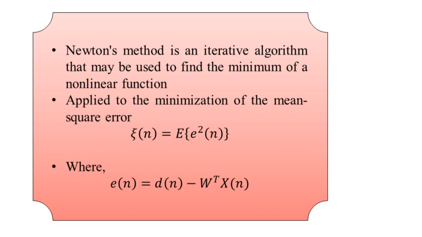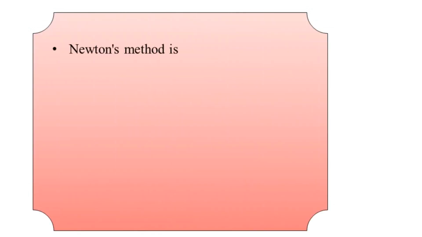The error signal is the difference of the desired signal and the output signal. The desired signal is denoted d of n, and the output signal is denoted as the transpose of the weight matrix multiplied by the original input signal x of n, which has both the components of the noise and the desired signal. For the method, we have the information provided as the update equation.